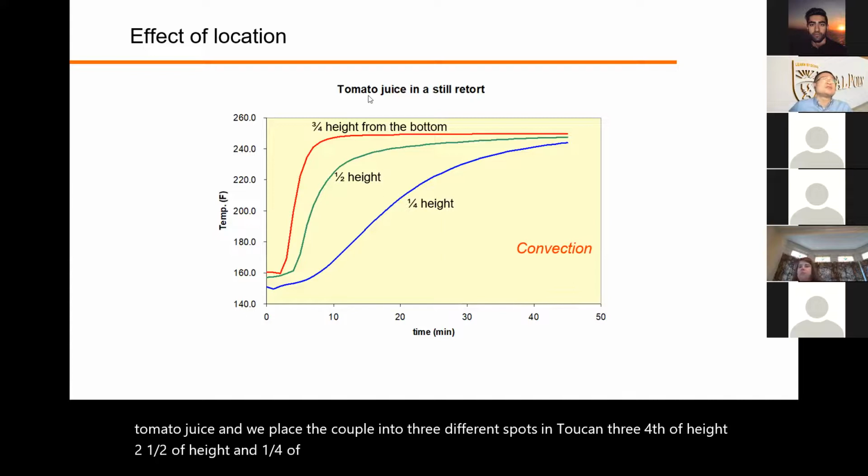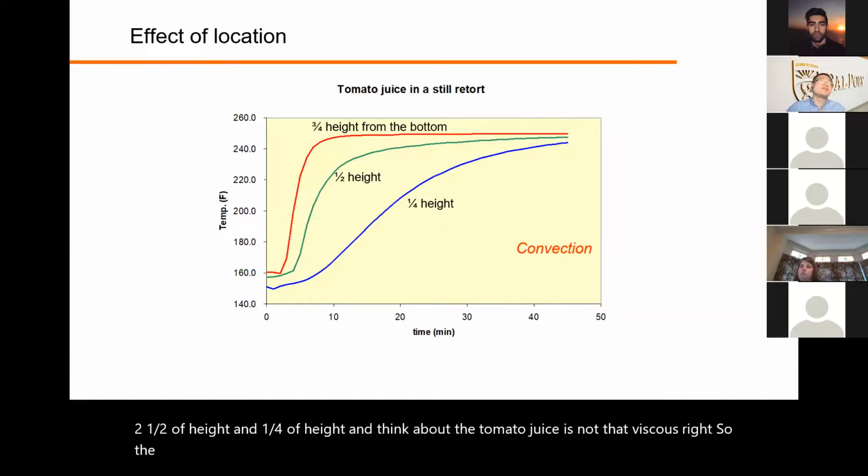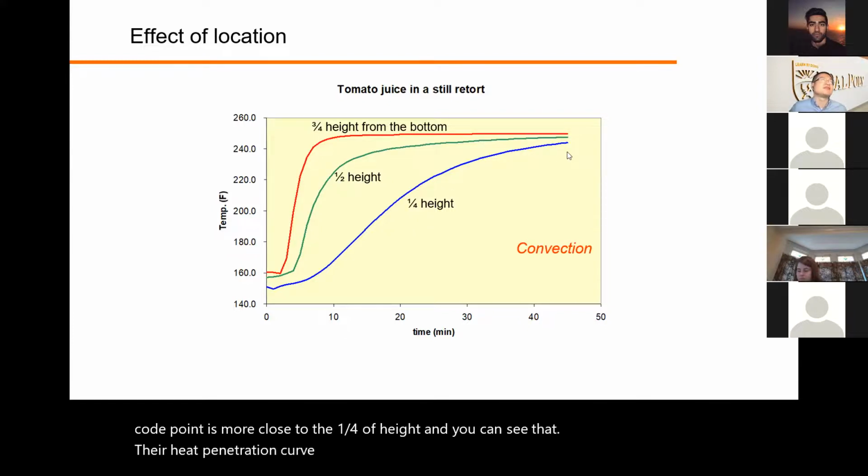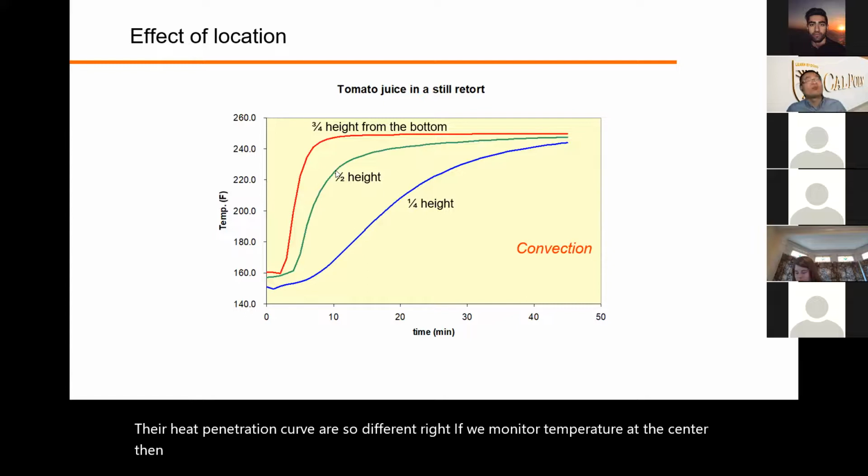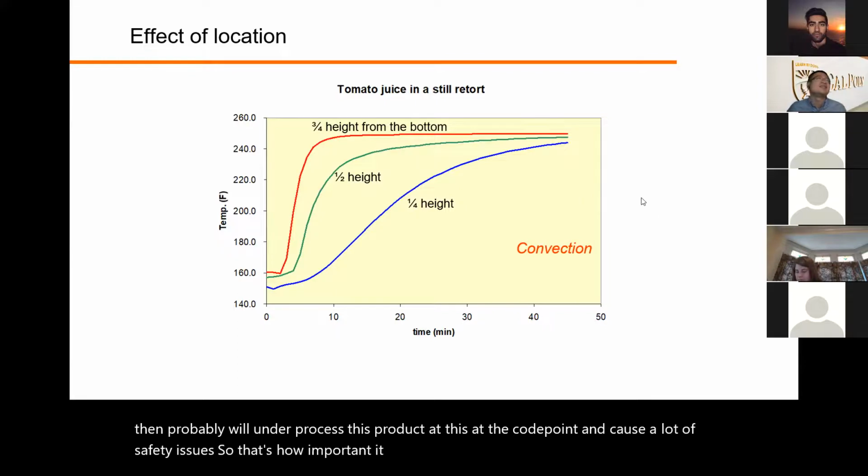Tomato juice is not that viscous, so the cold point is closer to the 1/4 of height. You can see that their heat penetration curves are so different. If we monitor temperature at the center, then probably we'll under-process this product at the cold point and cause a lot of safety issues. So that's how important the cold point is.